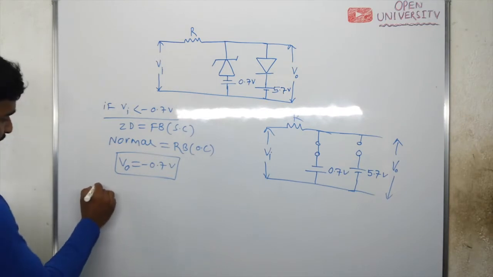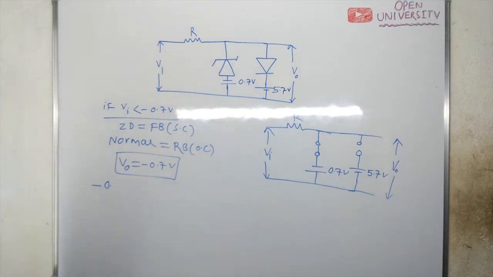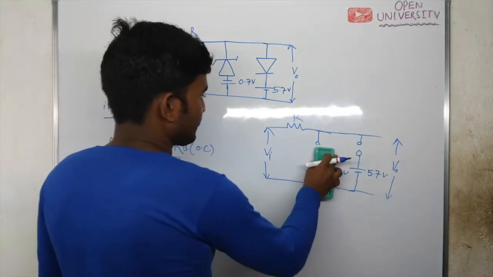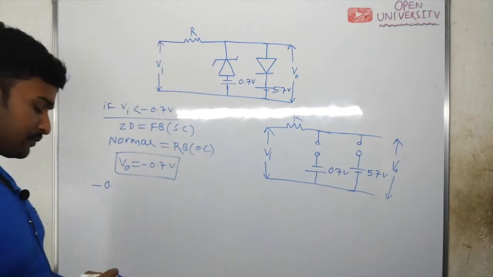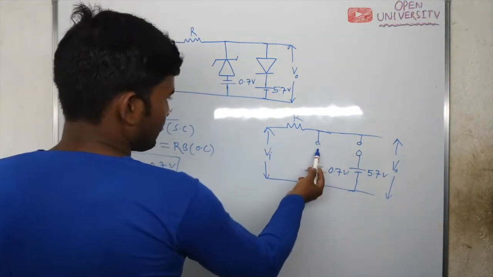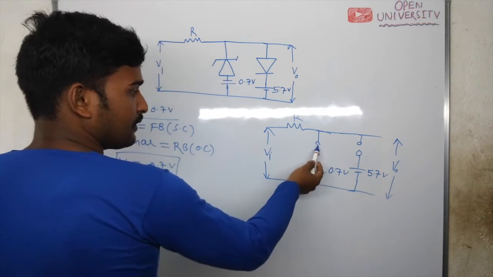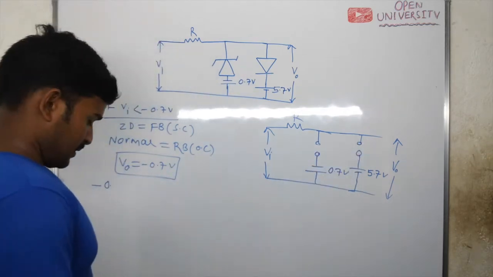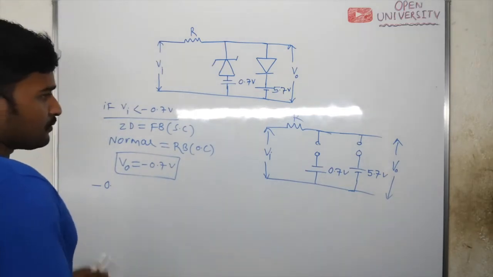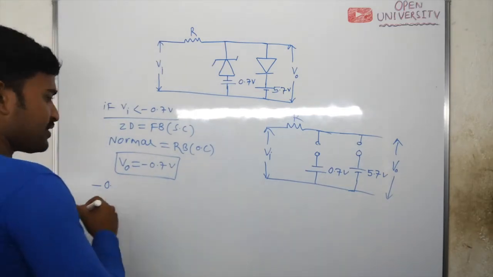Now, if input voltage is in between, I am assuming the diodes are open circuited. How much is the voltage available at this point? VI, and at this point VI.